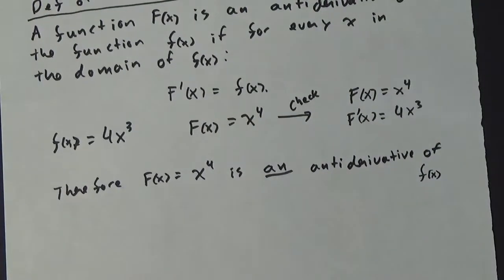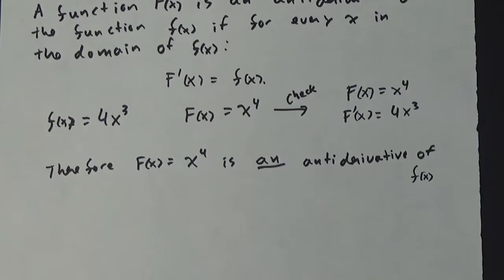So x to the fourth is an antiderivative of little f of x. Now, of course, I highlighted that it's an antiderivative. I know that seems fairly subtle, but you notice that I did not say that capital F of x equals x to the fourth is the antiderivative. And in this case, it's a very important distinction.